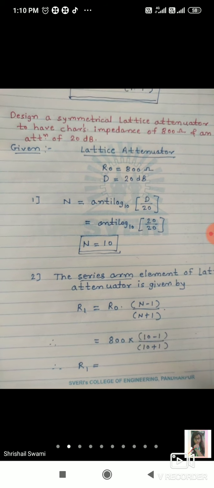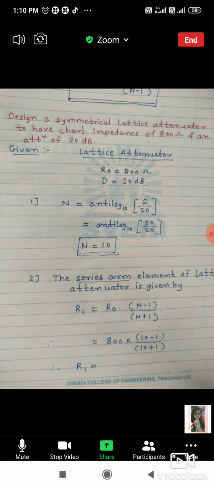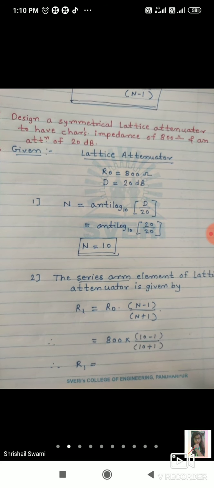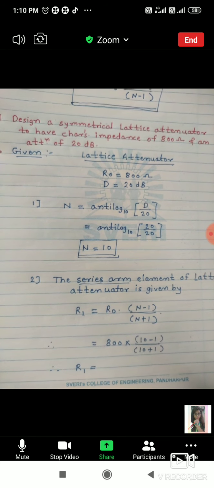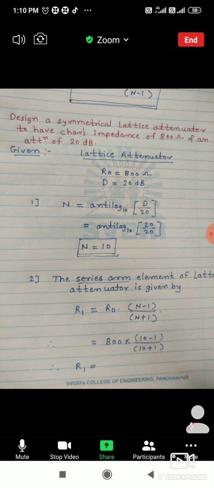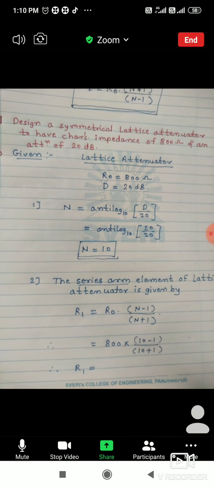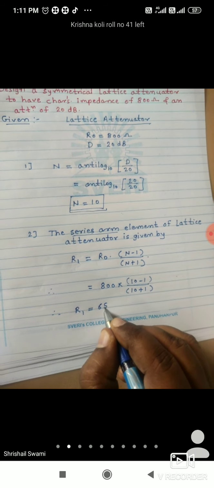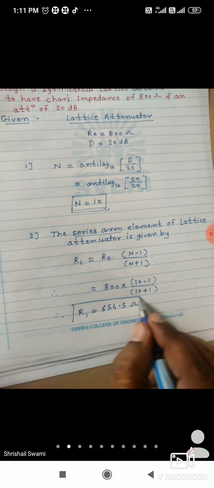Okay, R1 is equal to 654.5 ohm. So this is the answer for R1.